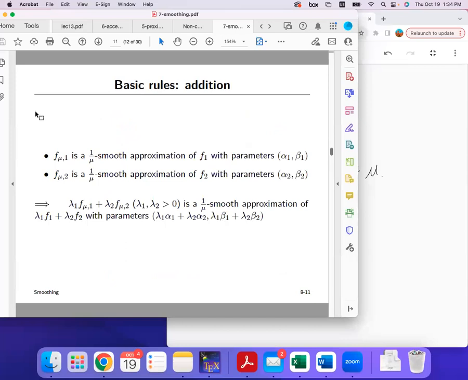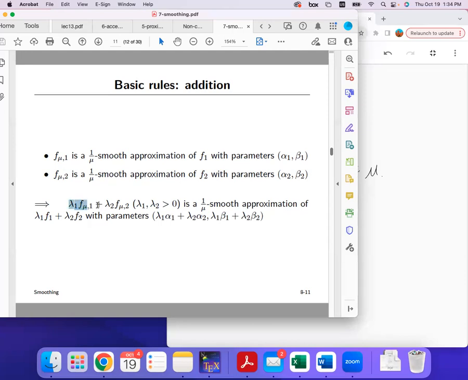We have some basic rules for these smooth approximations. The idea is that, say we have two smooth approximations, f mu1, f mu2, with different smoothing parameters.